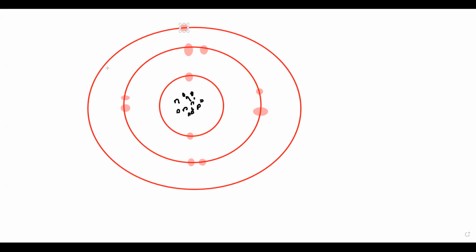The term ionization refers to the capability of these radiations to knock out an electron from an atom.